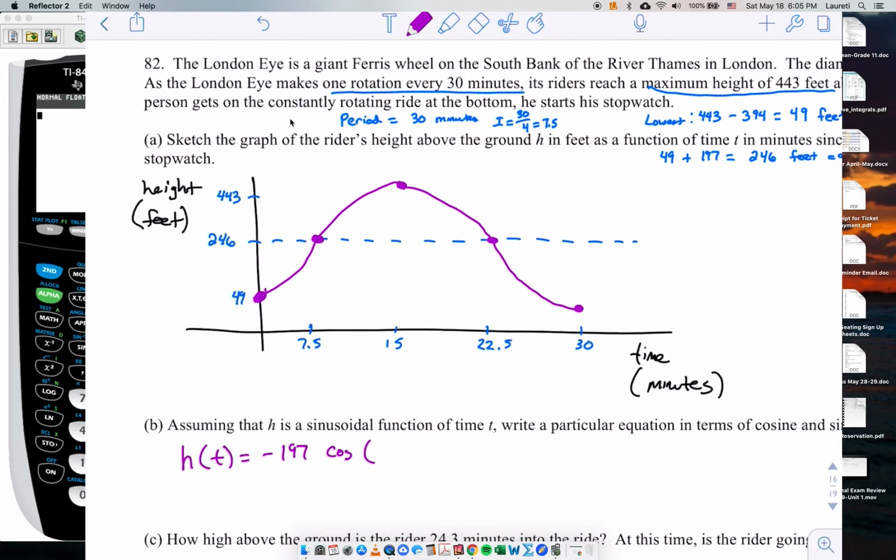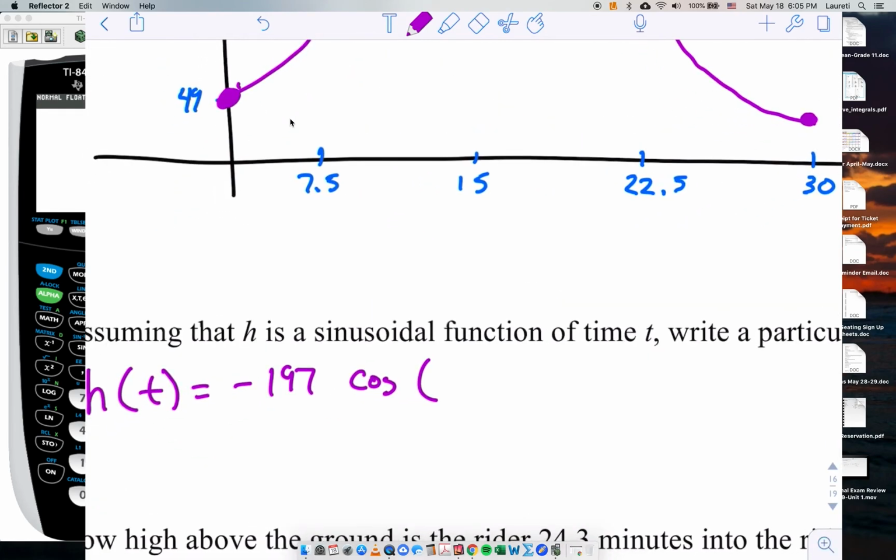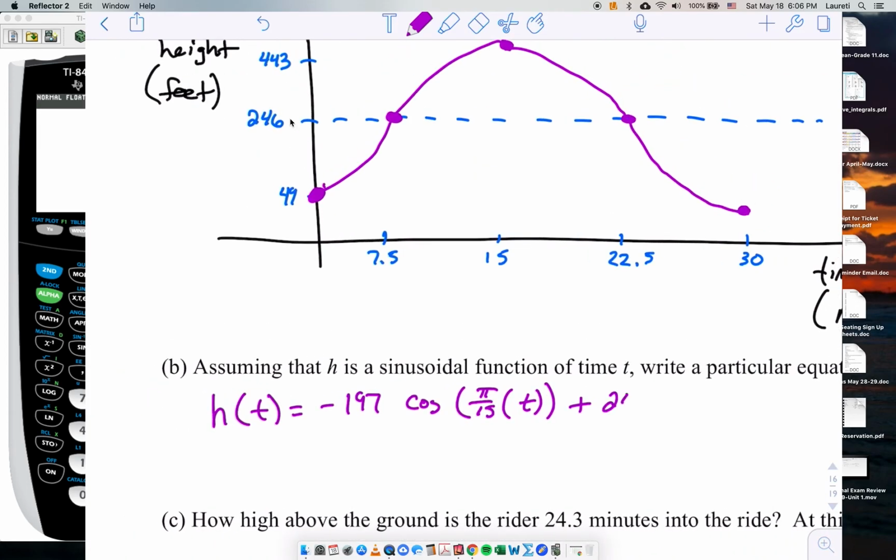Now we said the period was 30 minutes, so that makes the b term pi over 15 t. And then my axis there is at 246.